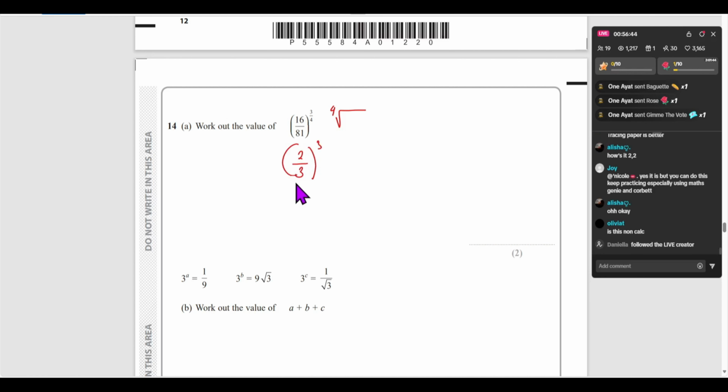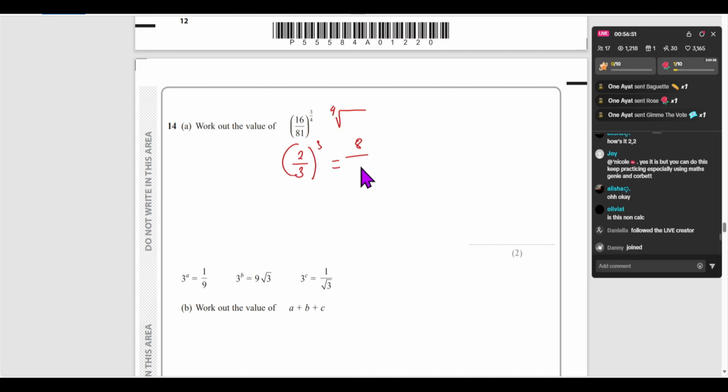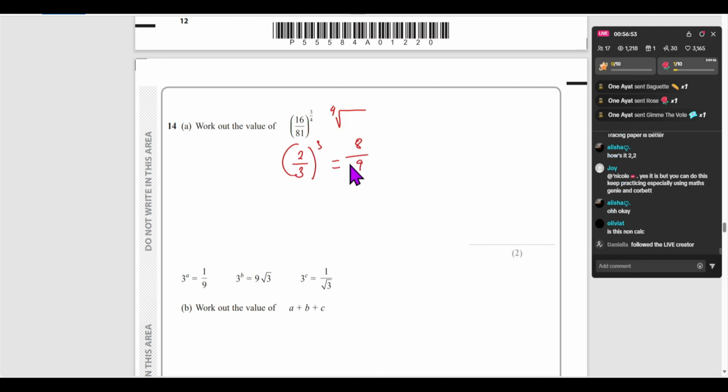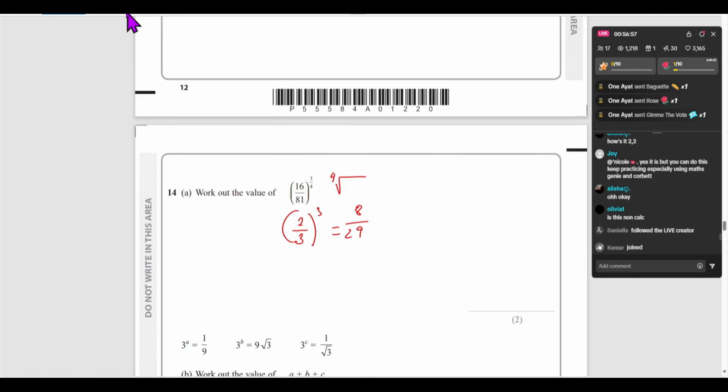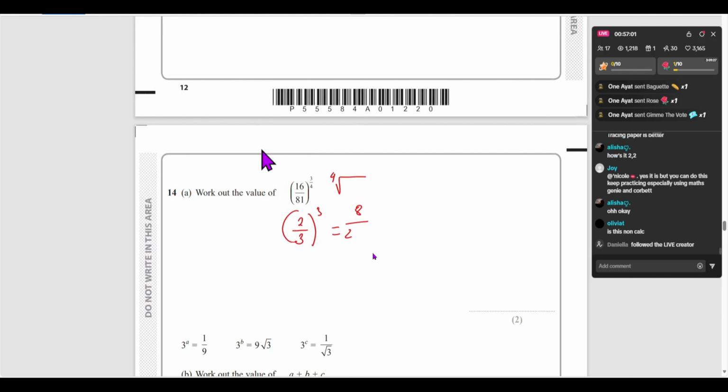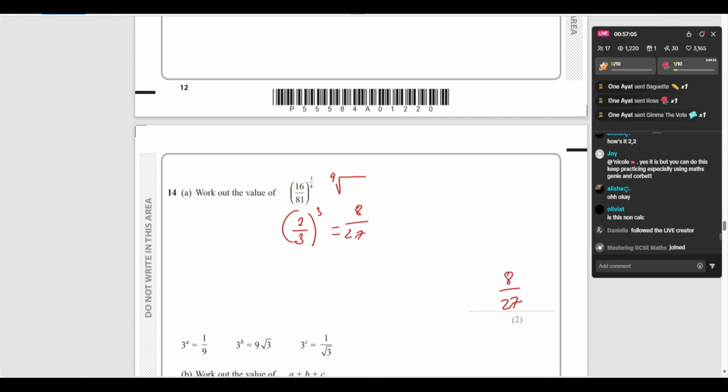Then you can do 2 cubed, which will be 8, and then 3 cubed will be, I mean, 27. And you get 8 over 27.